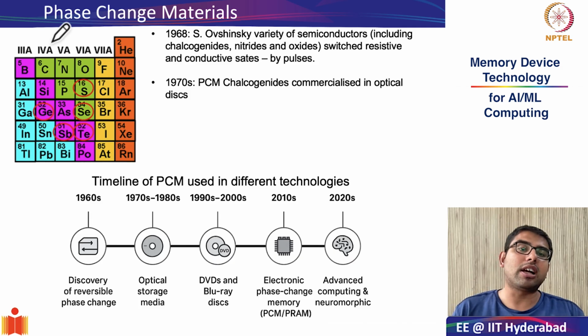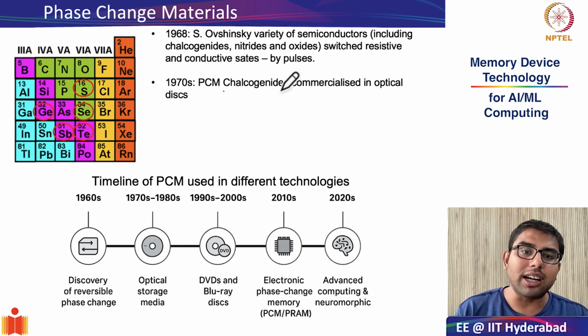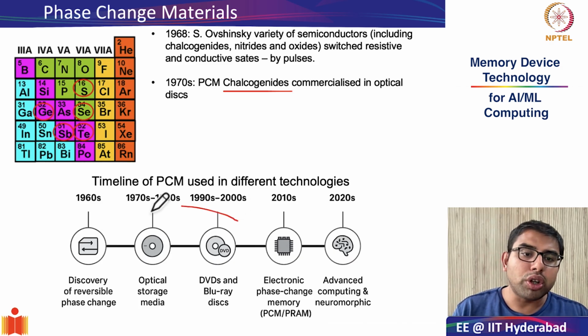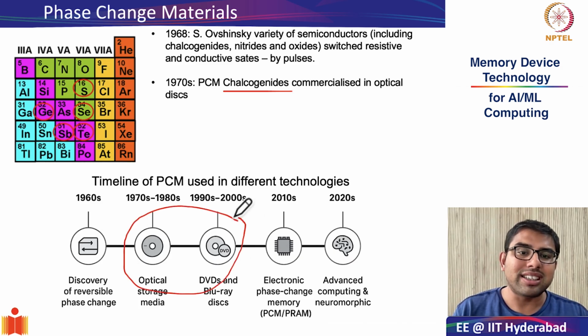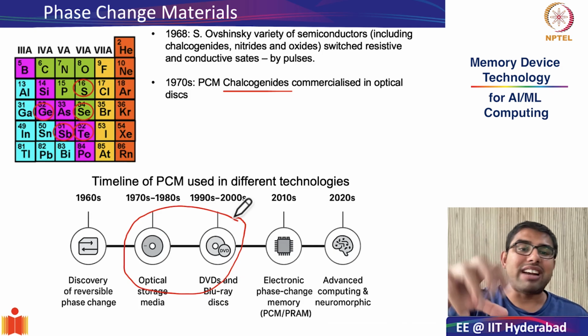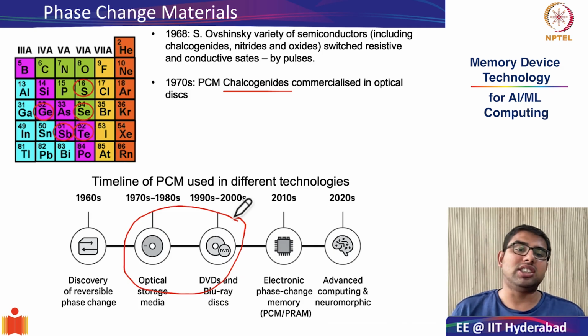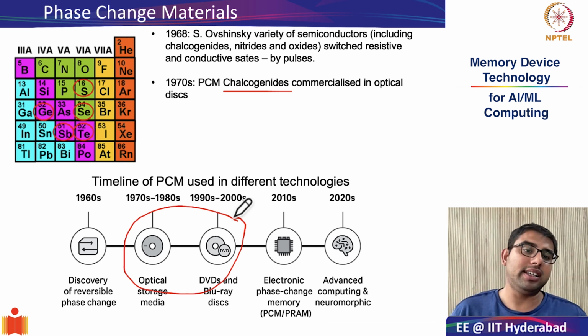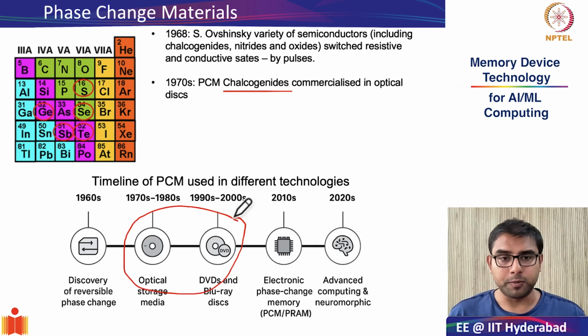However, the first commercialization of phase change materials in the form of chalcogenides was done in optical discs. Most of you might have noticed these optical discs that used to come with older generation of laptops and CPUs. The core material that these optical discs, or DVD and Blu-ray discs, use is actually a phase change material.